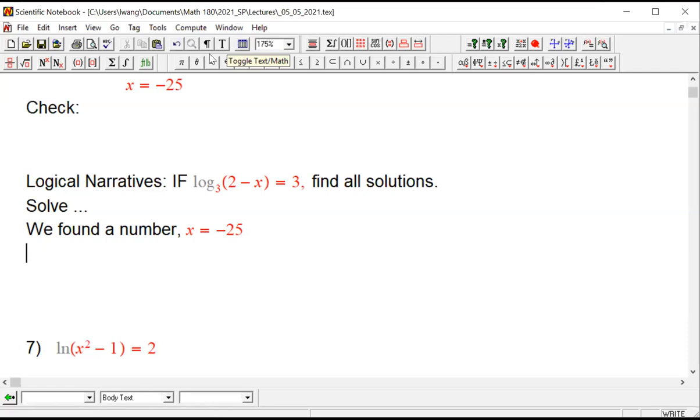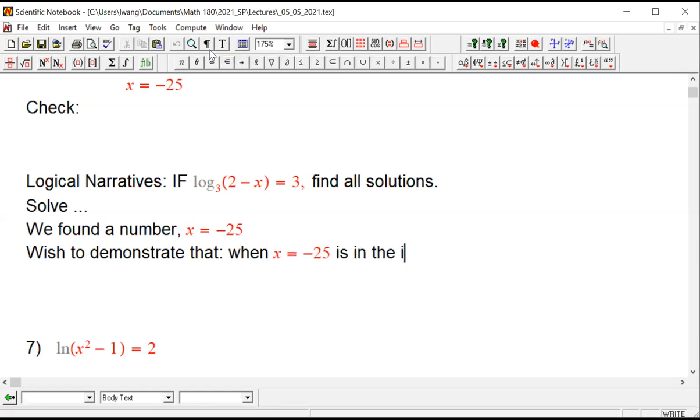We wish to demonstrate that when x equals -25 is in the if statement, it is indeed true.